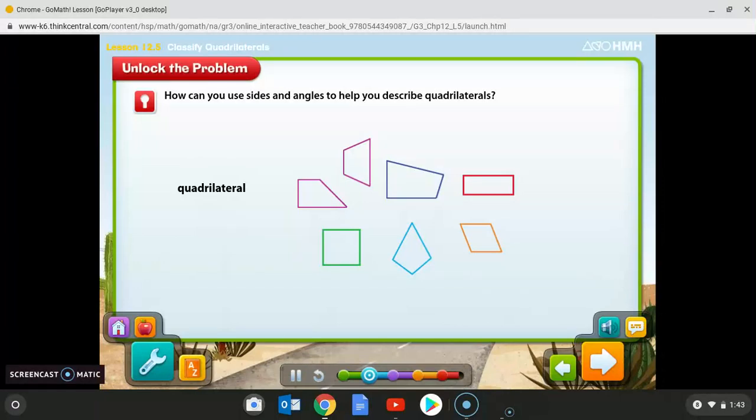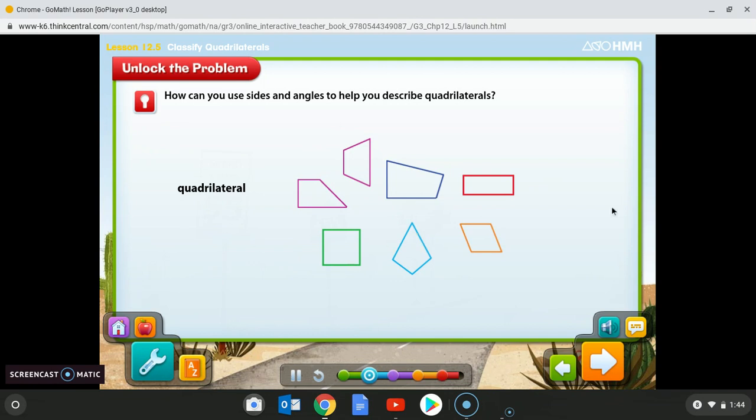So, using those terms such as parallel lines, or when the lines go straight and never touch, and angles, and how understanding sides and angles will help us describe all these different types of quadrilaterals. Some might be new to you, some is a review of what you've learned and known since you were a little kid. So we can use sides and angles to help us describe quadrilaterals.